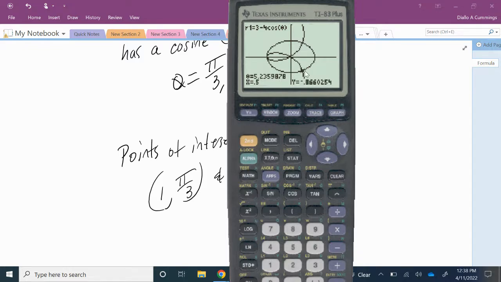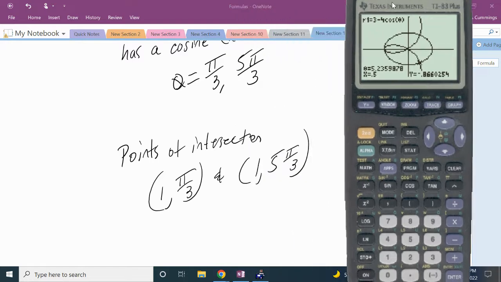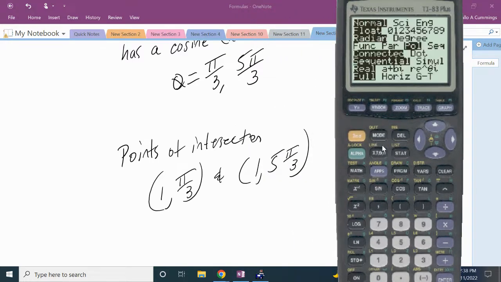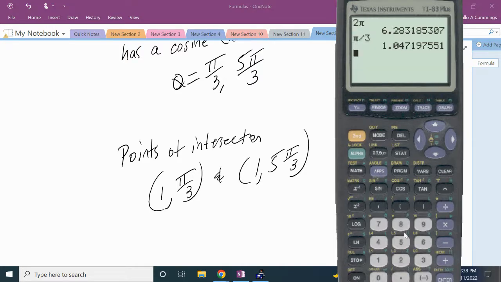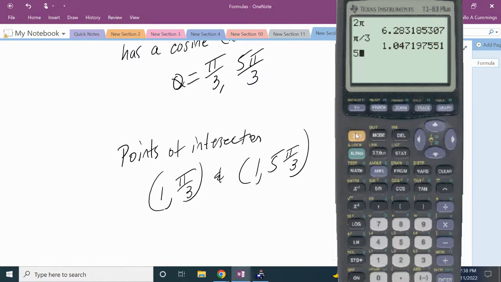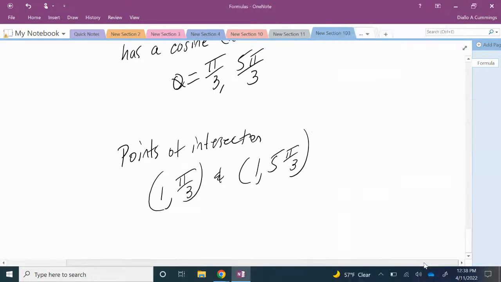We have this intersection point as 5.235, and that should be 5 pi over 3. I have no idea what's going on with my calculator.